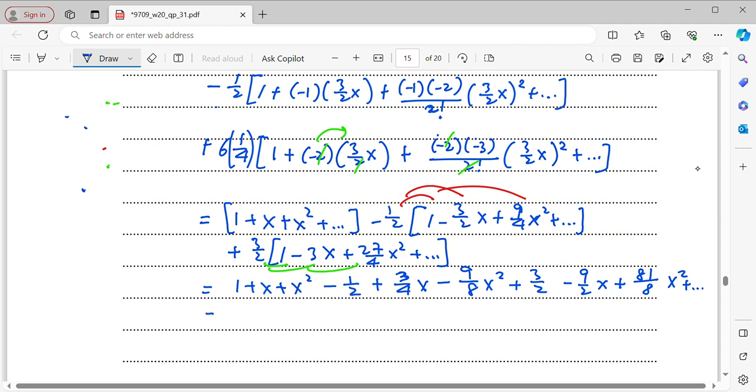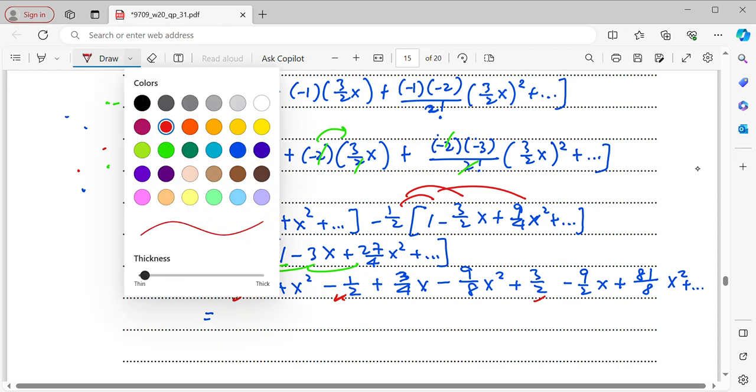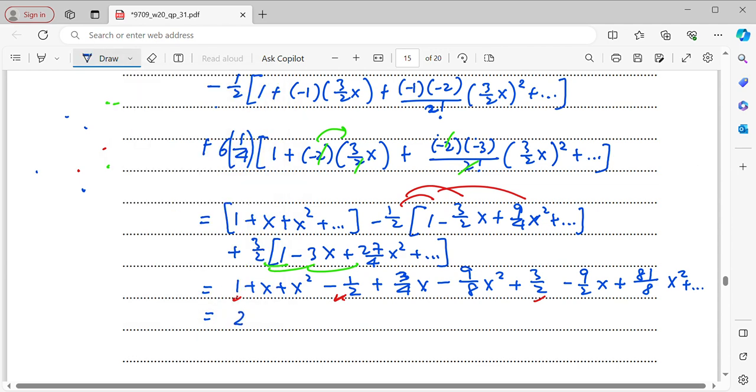Okay, then at last, now when you simplify, here 1 plus 3 over 2 is 2, 2 minus half. Okay, let me check. 1 minus half is half. Okay, half plus 3 over 2 is 2. Right?